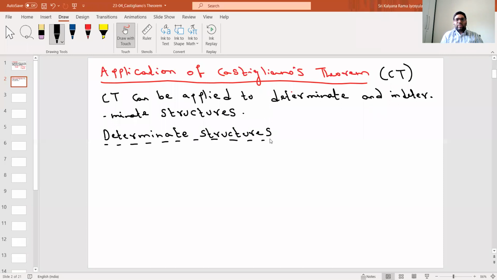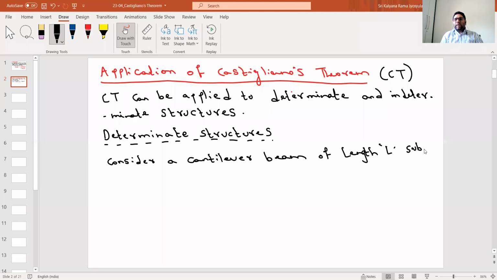Simple concept. Let us take a cantilever. Consider a cantilever beam of length L subjected to load P at the free end.